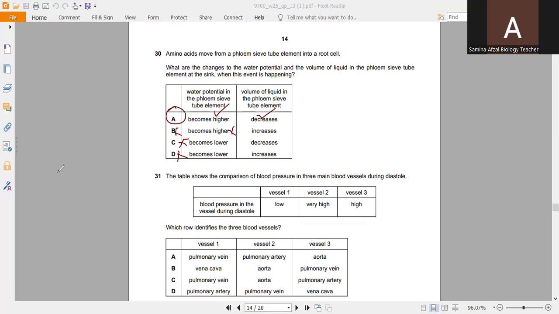Now, question number 31. The table shows the comparison of blood pressure in the three main blood vessels during diastole. So vessel 1 will have low pressure, vessel 2 very high, and vessel 3 high. So first of all, I would like to go with vessel 1.